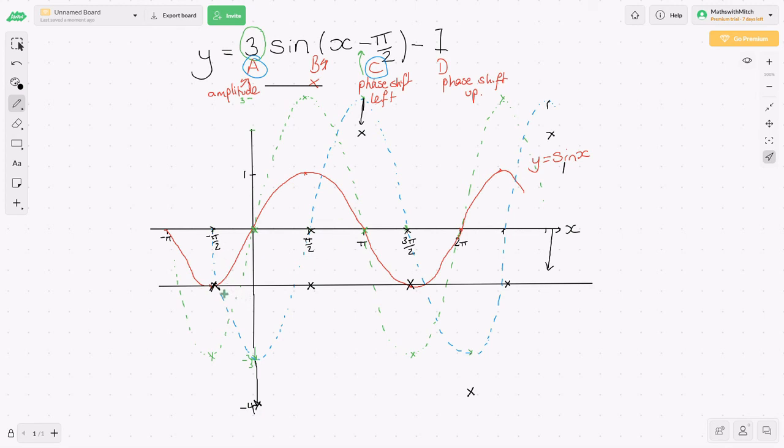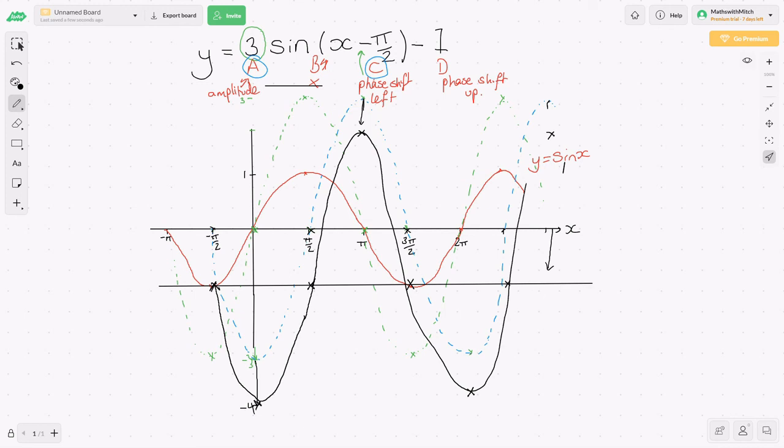Said it was a sketch, but we'll join them up. But there we are. Now all the blue lines have now shifted down, so that is the end result.